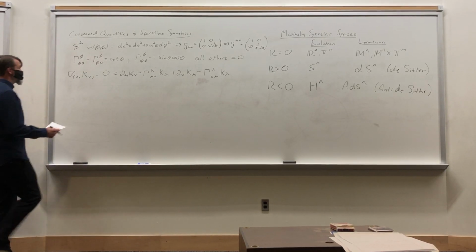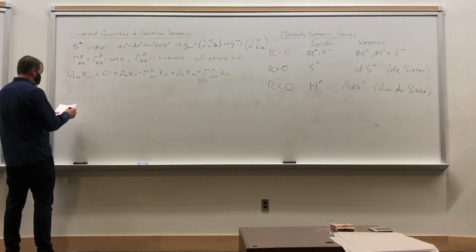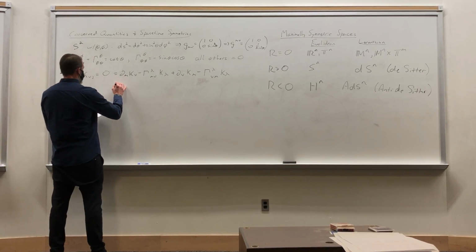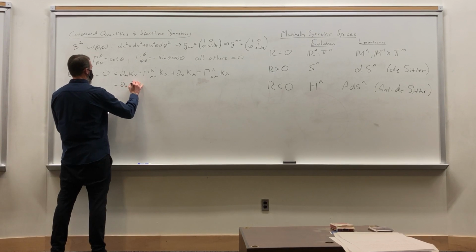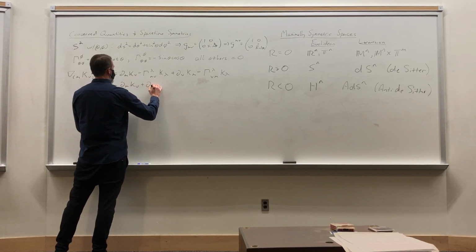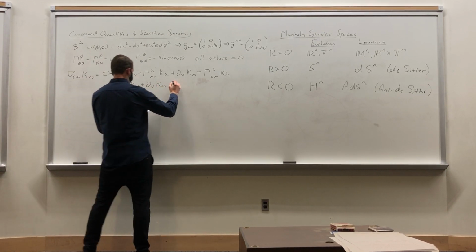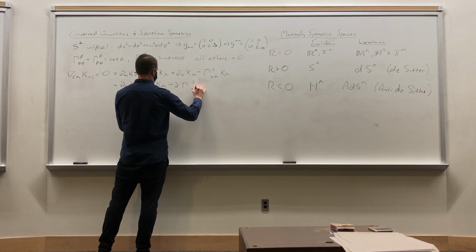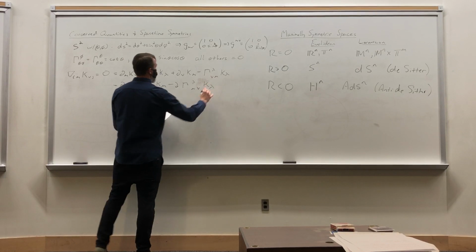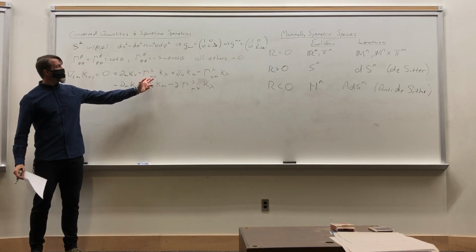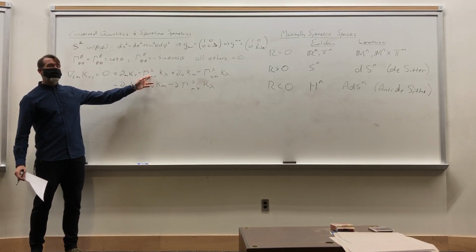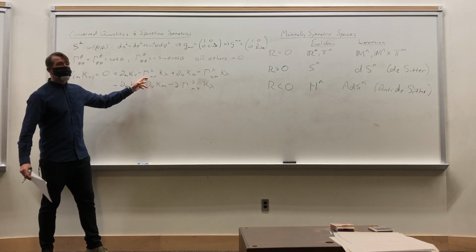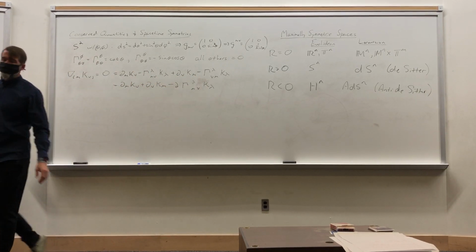Now I can simplify this to d mu k nu plus d nu k mu minus 2 gamma lambda mu nu k lambda, because remember the Christoffel symbols are symmetric under the exchange of these lower indices. So these two things are actually the same, and we'll just combine them.